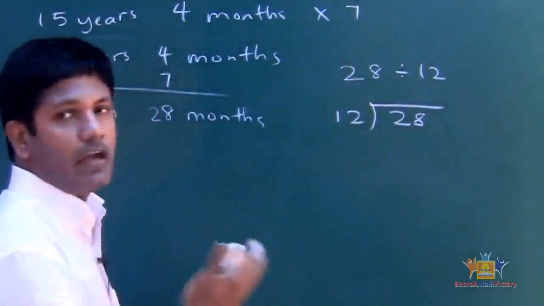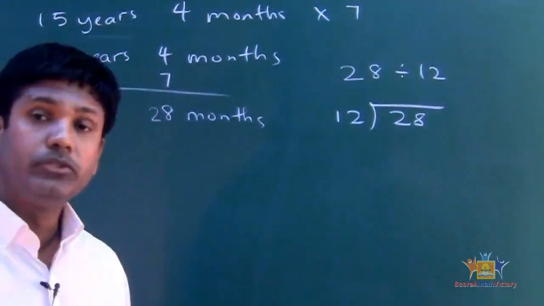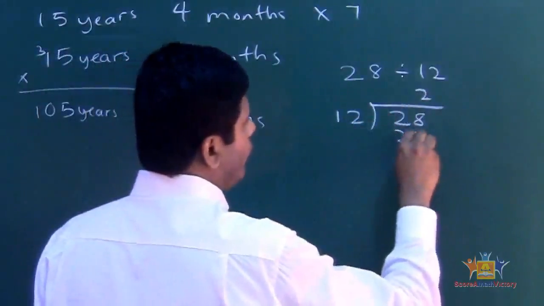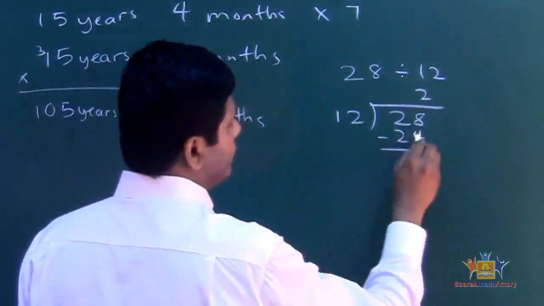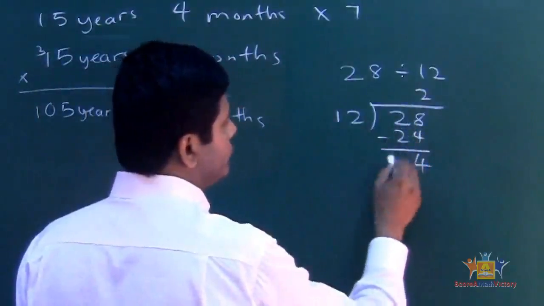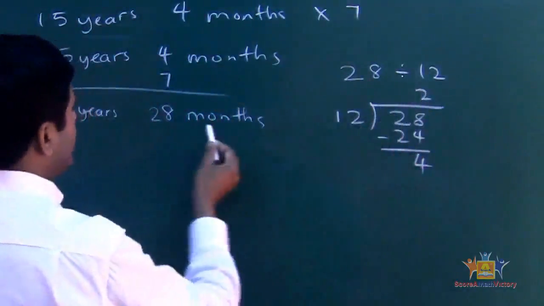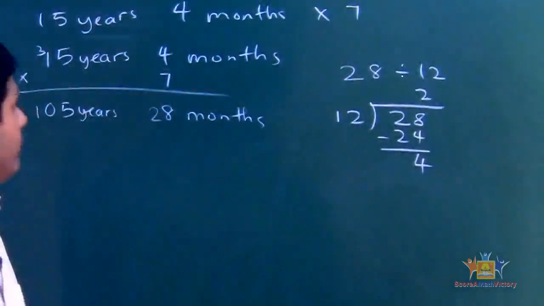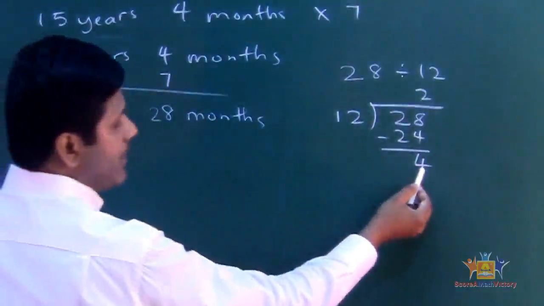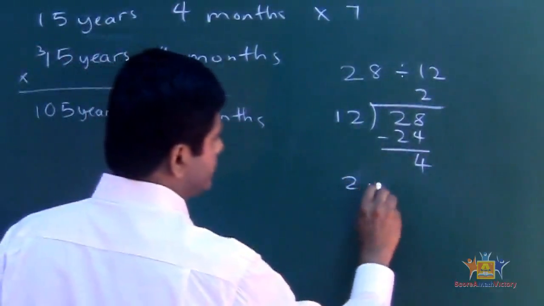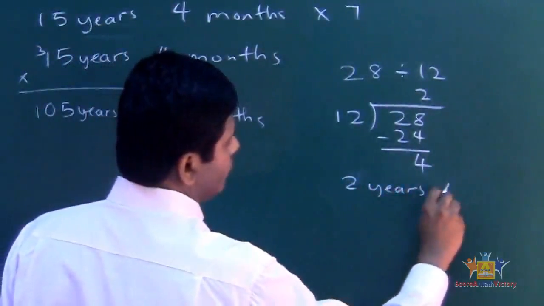In 28, there's how many 12? 2, because 2 times 12 is 24. So 2 times 12 is 24, 8 minus 4 is 4, 2 minus 2 is 0. Now that means I've got 2 years out of the 28 months, and the remainder is 4 months. So that means 2 years, 4 months.